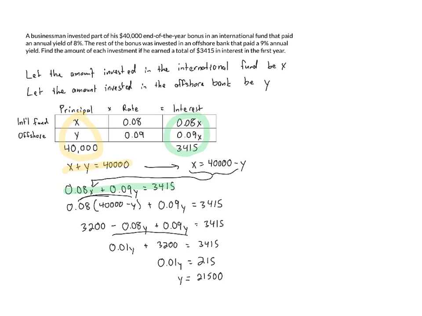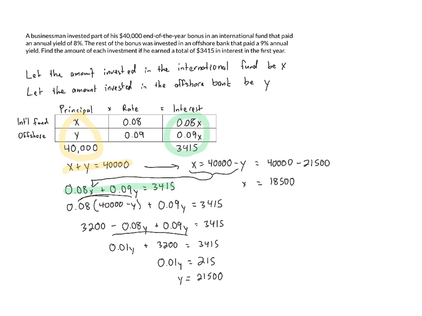Anyways, we know now that y is 21,500. We can plug that into this equation now to figure out what x is. So x is 40,000 minus y. We know that's going to be 40,000 minus 21,500. And 40,000 minus 21,500 is 18,500.